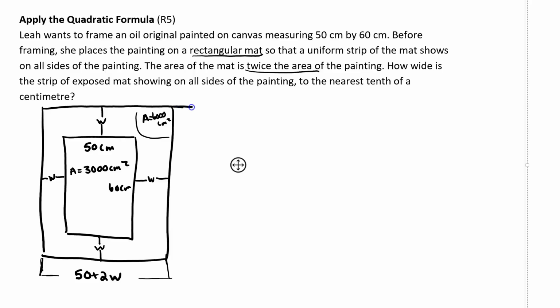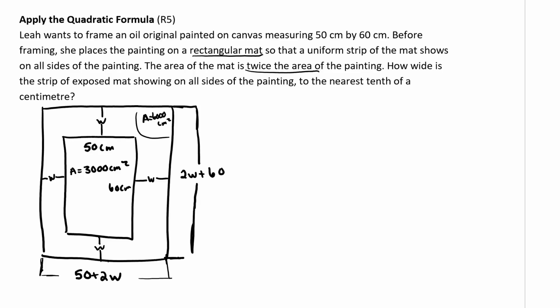And the length here is going to be formulated in a similar way: W plus 60 plus W, so 2W plus 60. Now I changed the order here. It really doesn't matter, but just to be consistent when I find the actual area, I'll make them look the same.